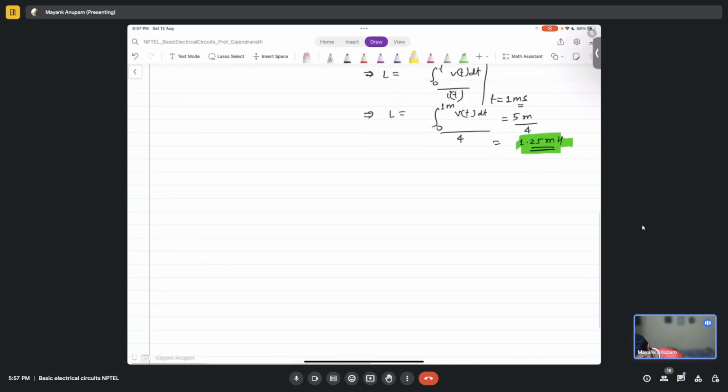A gyrator is nothing but a network which converts a capacitor into an inductor. When you look from this side of the network, the current to voltage relationship will look like an inductor.